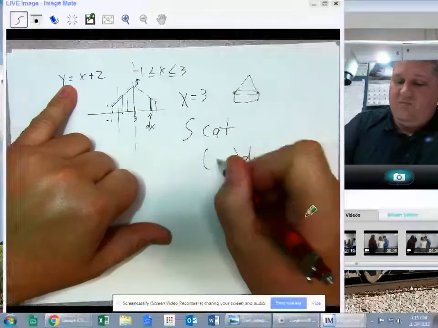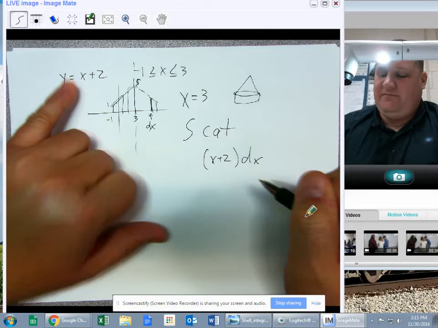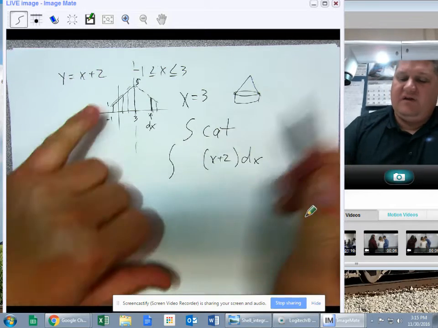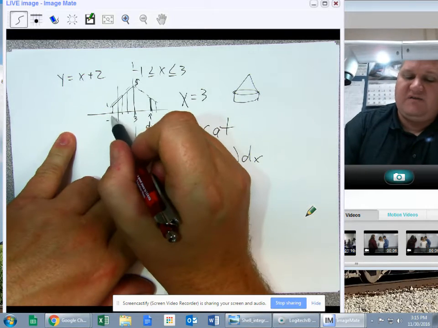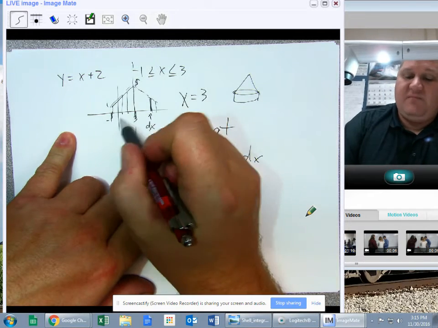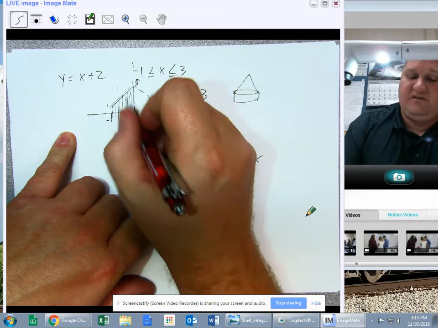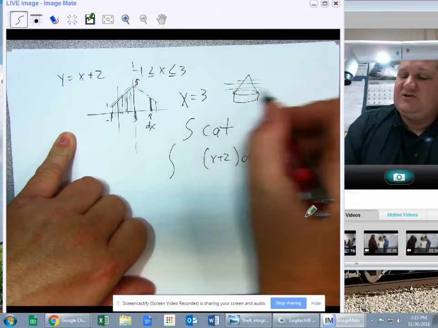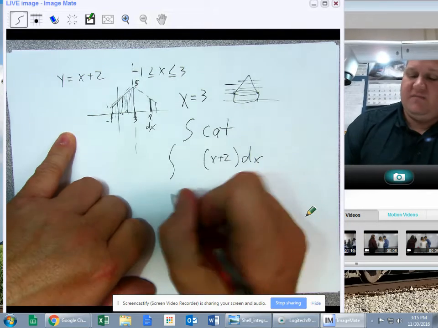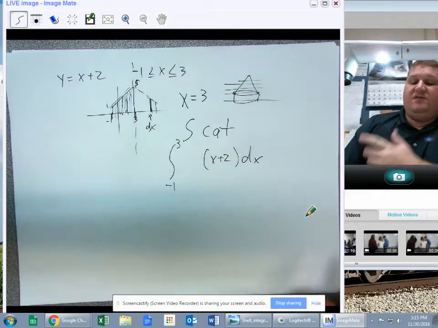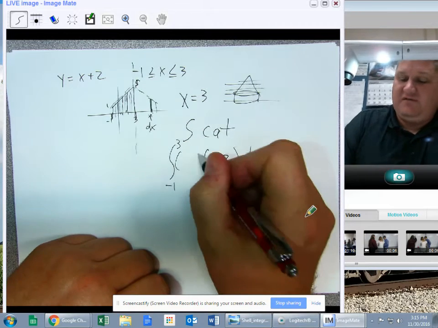So in our case, it was x plus 2. And in this case, we could also do it as one whole chunk because I can go from negative 1 to positive 3 and never have a problem changing shape, slicing it this way. It only changed shape when I sliced it horizontally. So negative 1 to 3. The only thing I don't have is circumference.